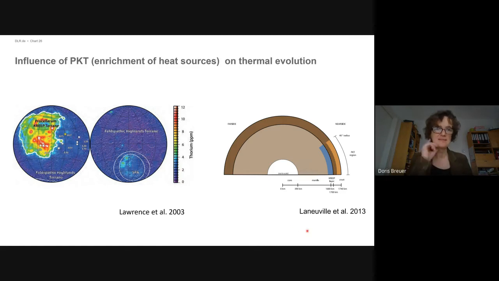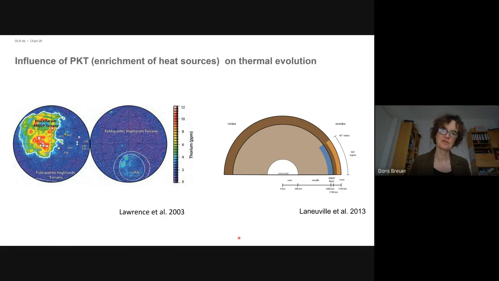Okay, and the last thing I want to show is the influence of the Procellarum KREEP Terrane region on the thermal evolution. That model assumes that the heat sources are already enriched in that region, and looks at what the influence is on the dynamics.